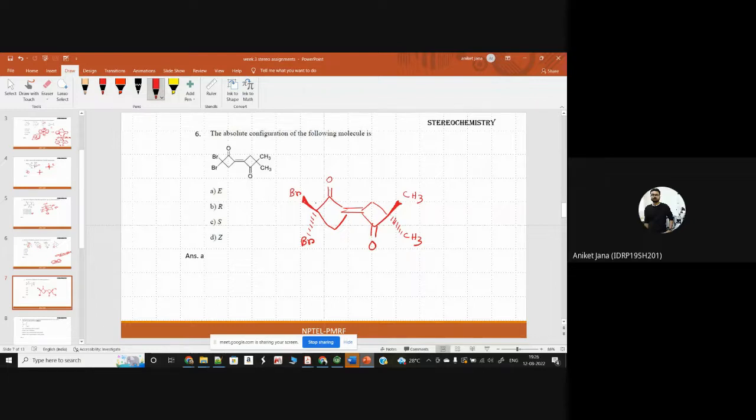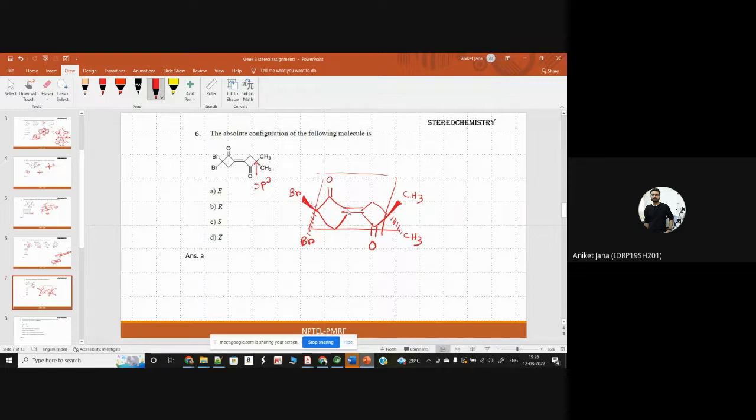This moiety is in the plane, and this one is above the plane, this one below the plane. This one is the sp3 center, so tetrahedral in nature. This group is above the plane and this one is below the plane. Okay. So if we imagine a sigma plane regarding this page, then it will divide the molecule into equal halves, right?